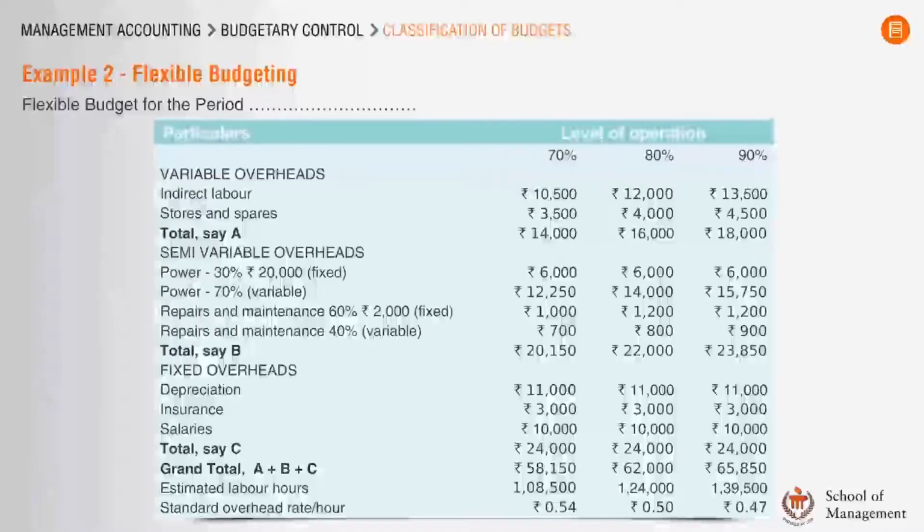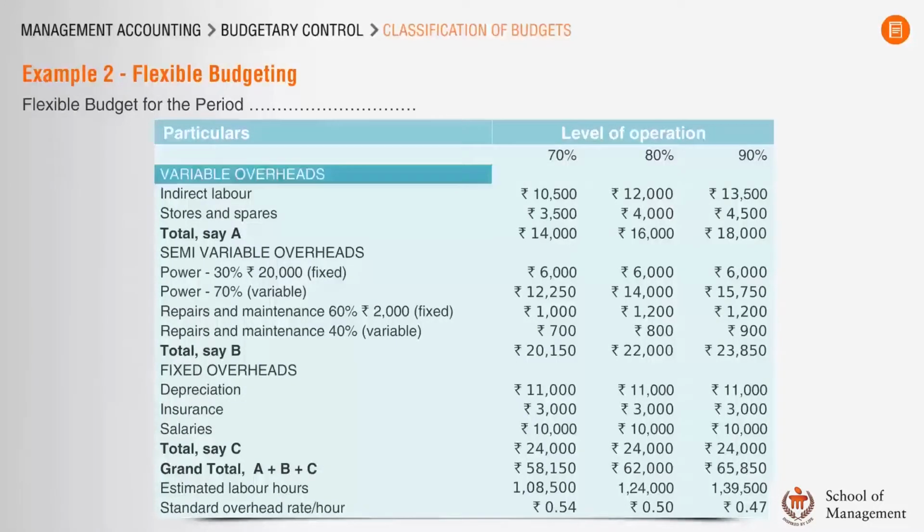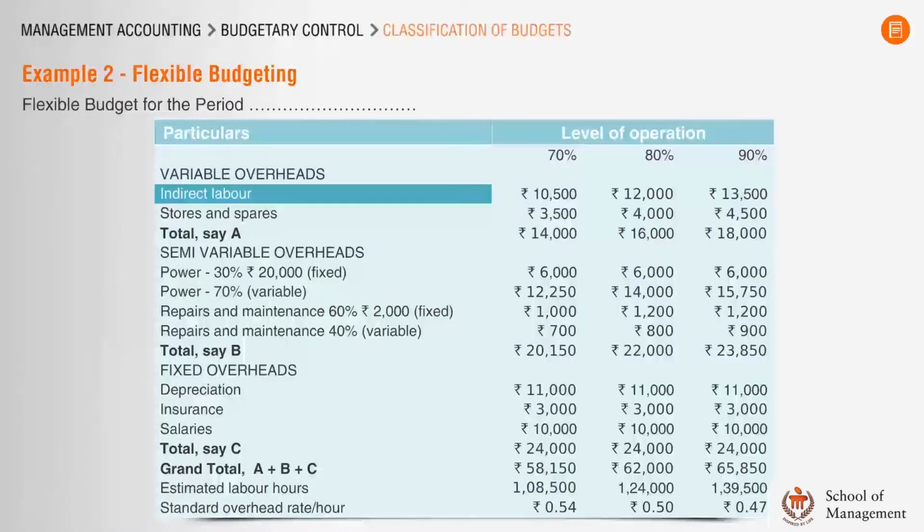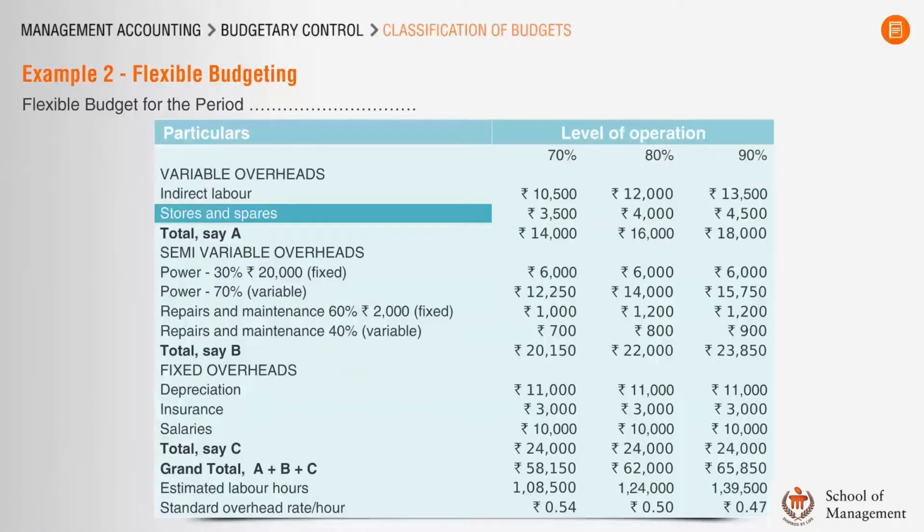So, in the flexible budget, let us first list out the variable overheads. We have to update the indirect labor and the stores and spare cost at 80% activity level. These are variable cost and will therefore change for 70% and 90% activity levels. Remember, change in variable cost is always directly proportional to change in activity level.